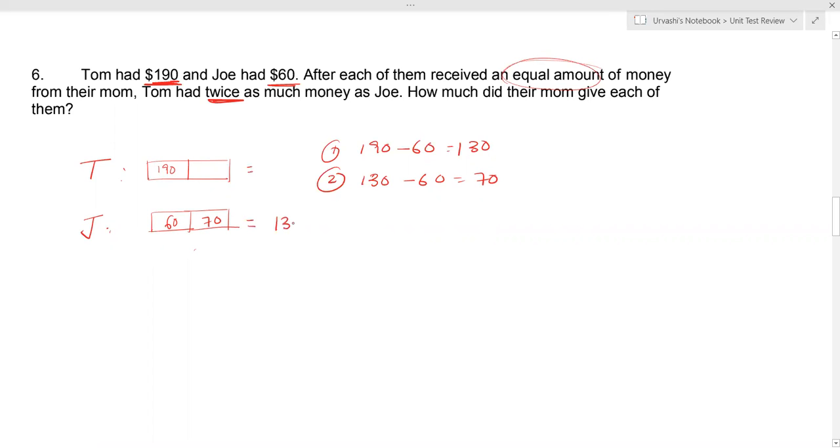And then after that, I did 190 plus 70, and then Joe has $70.